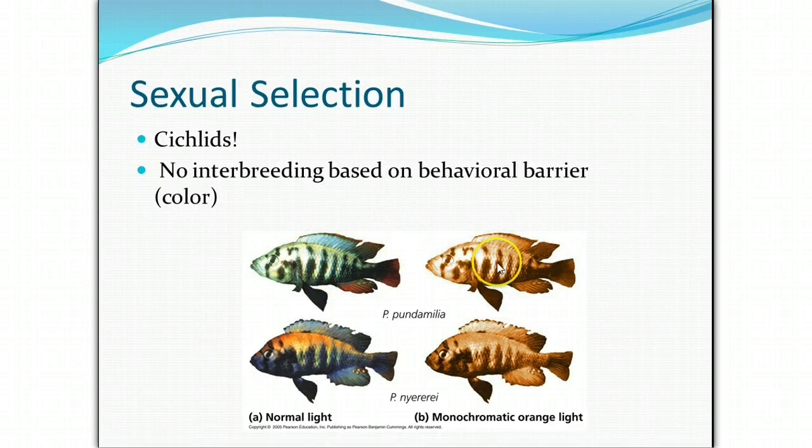And this is because this species lives in a lake that has muddy waters. And they find that there is no interbreeding based on this behavioral barrier. Okay, so this female would not mate with this male. This female definitely would not mate with this male because he does not have a cool blue and orange scale.